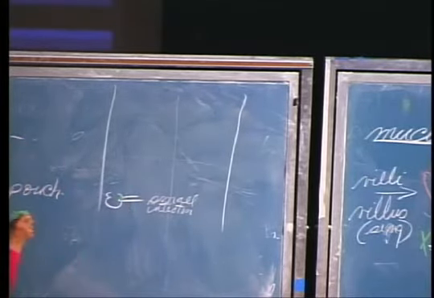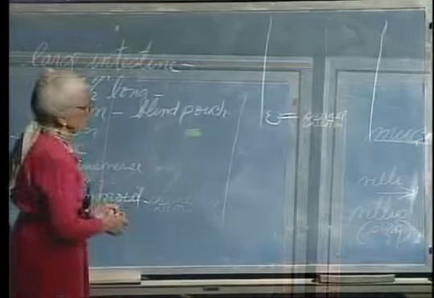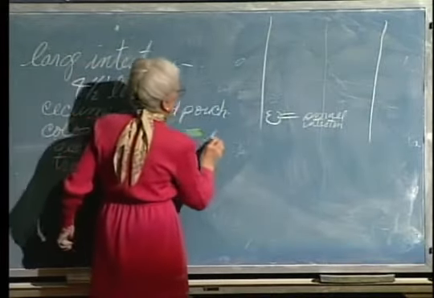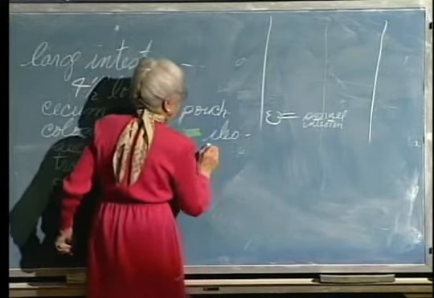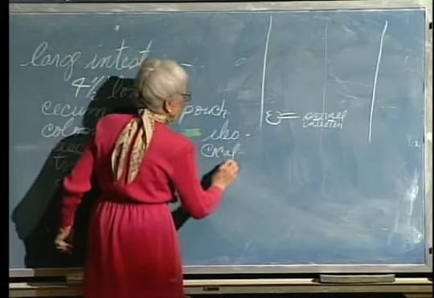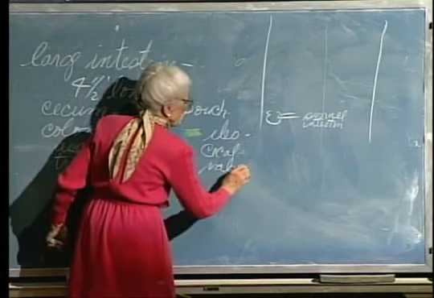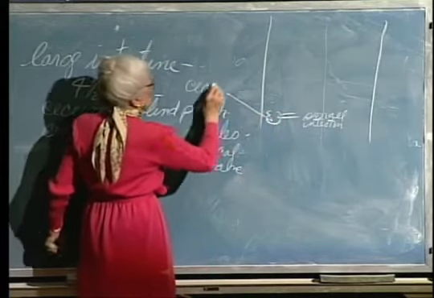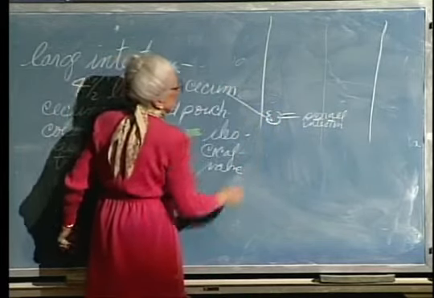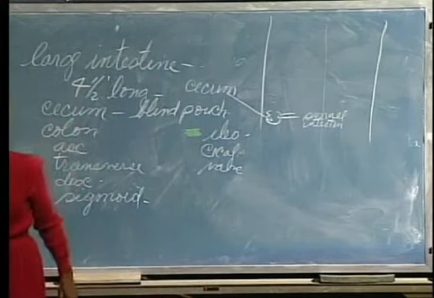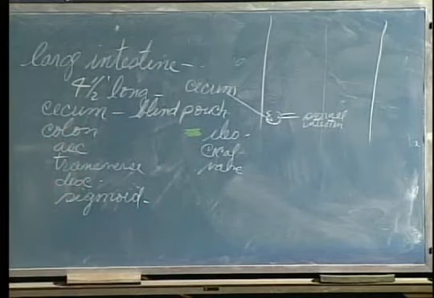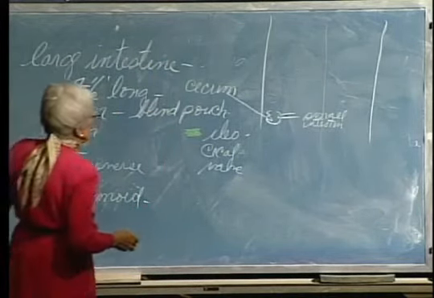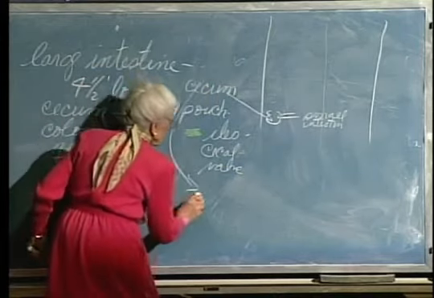What do we call this valve? Ileocecal valve. And this blind pouch is my cecum. Its wall, like the ileum, is also filled with lymphocytes, many lymphocytes.